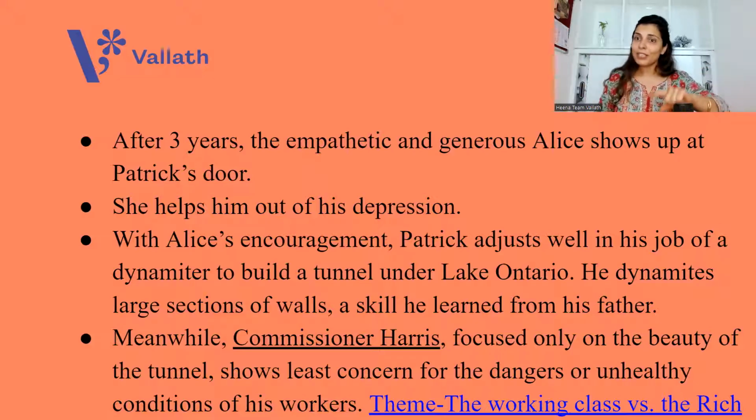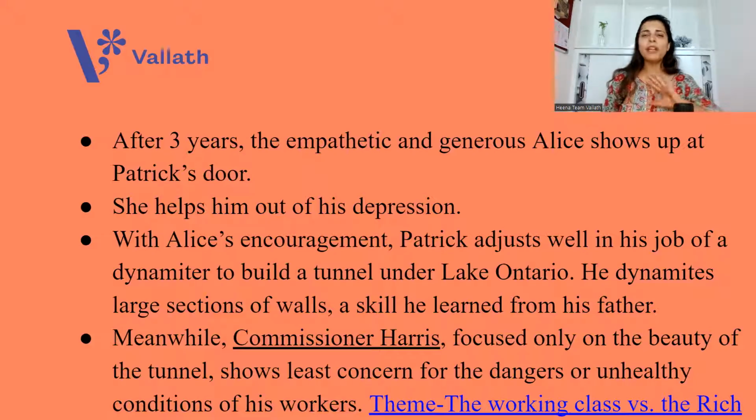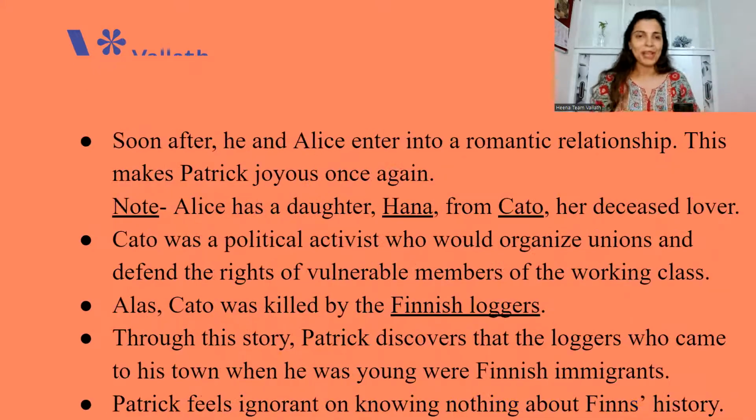This Commissioner Harris is also in charge of this tunnel. He focuses only on the beauty of the tunnel. Commissioner Harris shows least interest in the dangers or unhealthy conditions of his workers. Here, the theme of the working class versus the rich, or the exploitation of the working class at the hands of the rich is discussed.